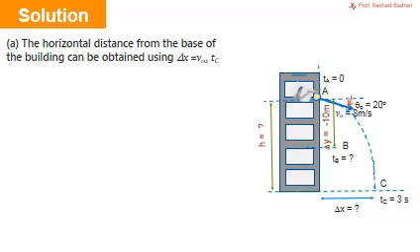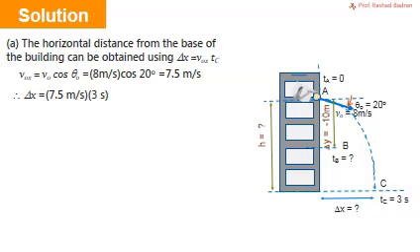and v naught x can be easily obtained from the given information by substituting 8 meters per second for v naught and 20 degrees for theta, so that gives us 7.5 meters per second.